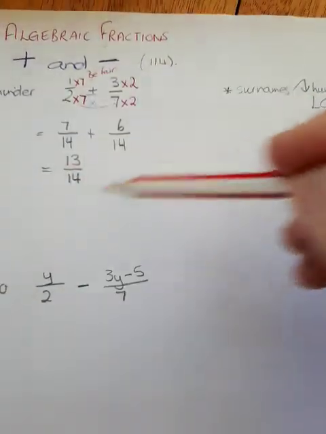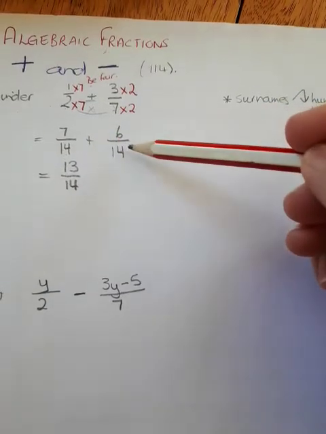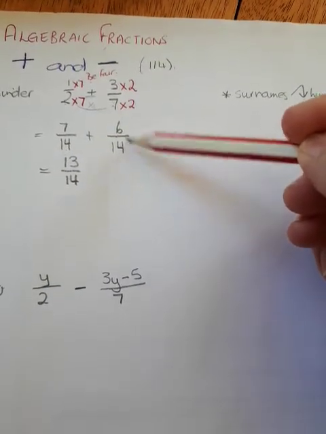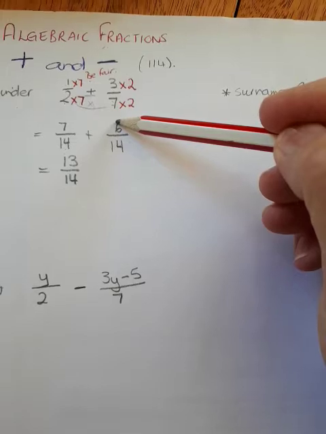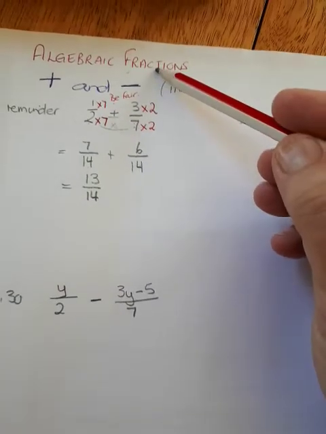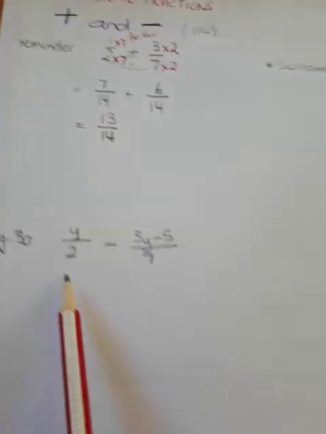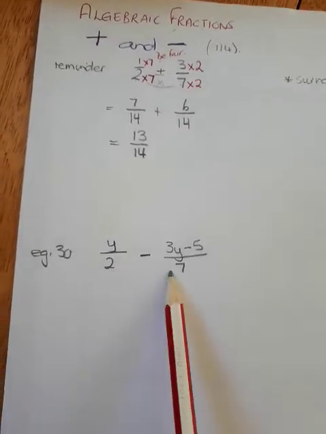So this basic principle of finding a common denominator, and then adding only the numerators, is really the same in algebraic fractions. So if we look at this one, I have chosen on purpose the same denominators.